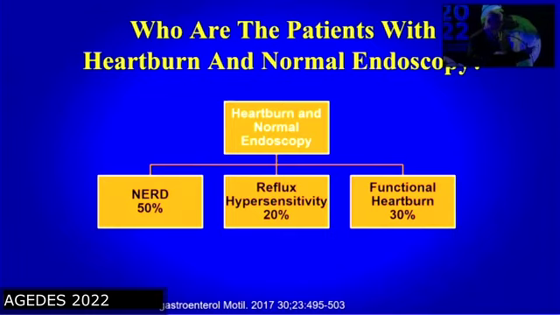About half of the patients have non-erosive reflux disease, 20% reflux hypersensitivity, and 30% functional heartburn. Now, they could have eosinophilic esophagitis, they could have other disorders, rumination and others, but we assume that you were able to rule the other ones out.